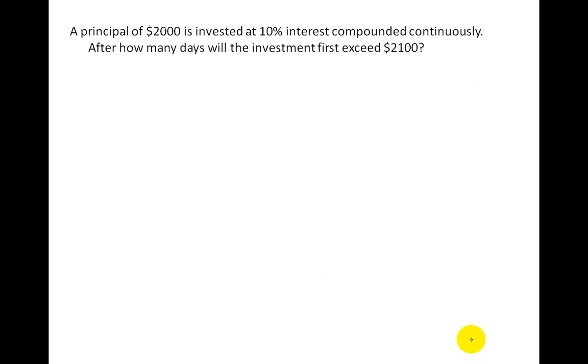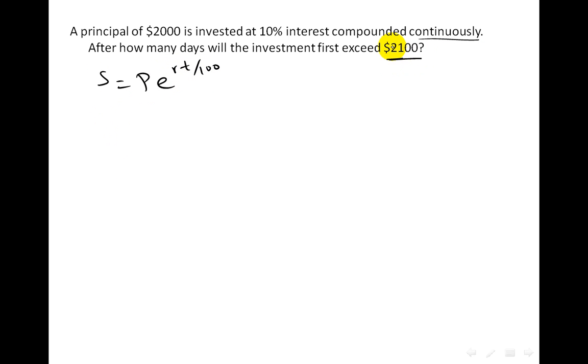Okay, the other example is saying a principal of $2,000 is invested at 10% interest compounded continuously. After how many days will the investment exceed $2,100? Again, we're using the same formula because it's compounded continuously. Plug in the numbers.